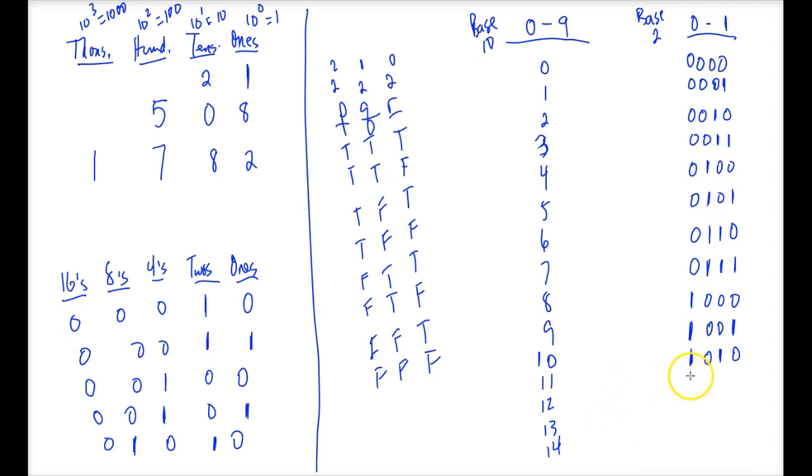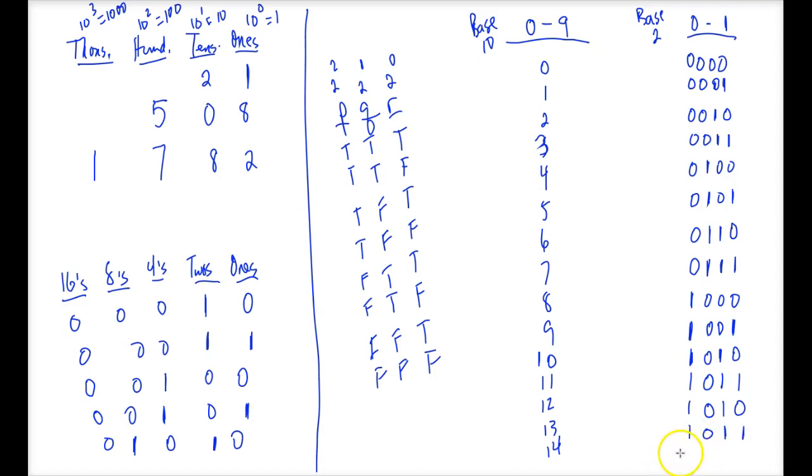And then for 11, I would have one group of 8 and one group of 2 and one group of 1 and nothing else. For 12, I would have one group of 8 and one group of 4 and nothing else. 13, I would have one group of 8, one group of 4, and one group of 1 and nothing else.